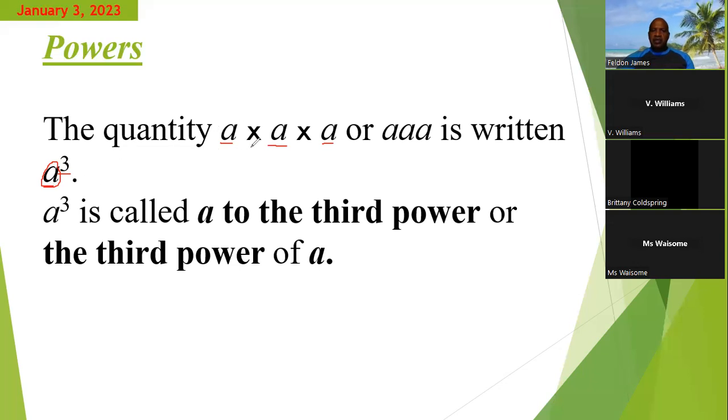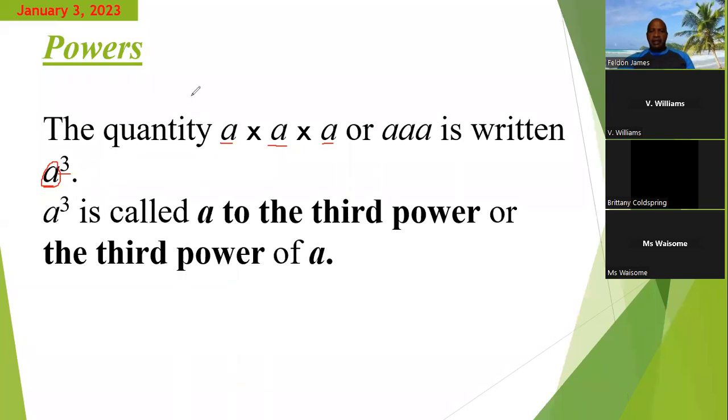So when A is multiplying itself, we count how many times A occurs. So 1, 2, 3. So A occurred 3 times, so the power here is 3. So A times A times A can be written as A raised to the 3rd power.